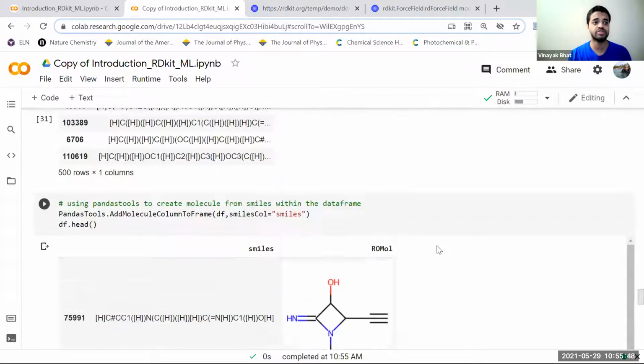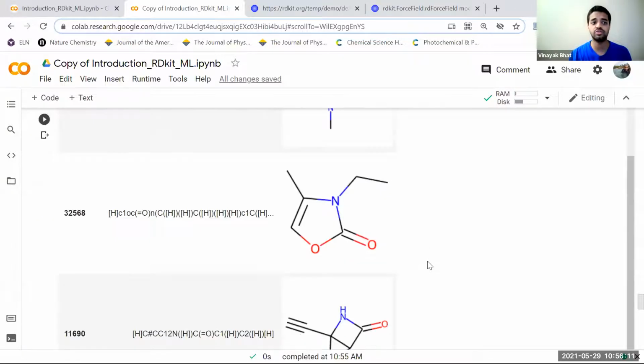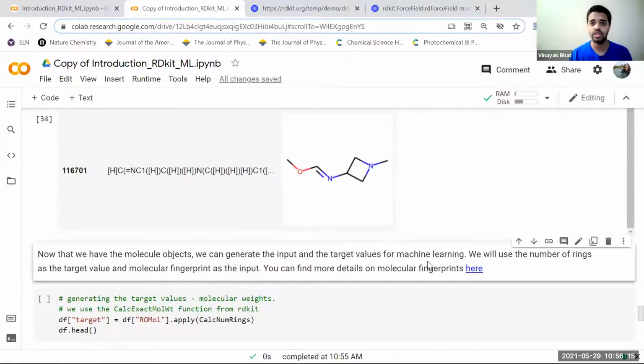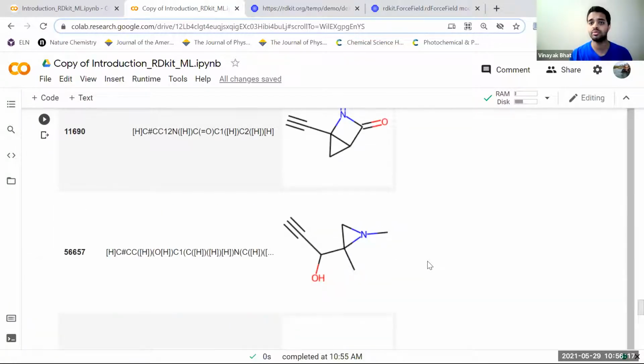But the intent is this: we have smiles, we generated the molecule, we'll generate some descriptors and then try to do machine learning on those descriptors. That is why we are doing this, and DataFrame provides a nice way of storing the data that we need. So let's generate some target values and some descriptors first. Any questions up to this point?